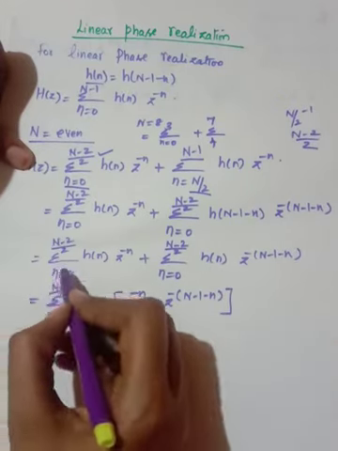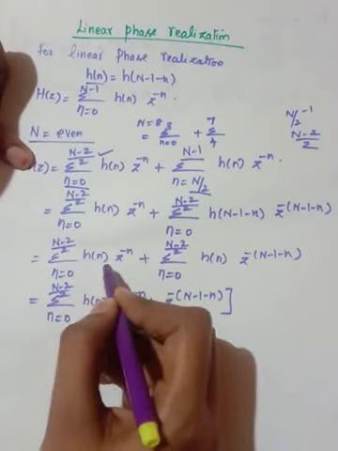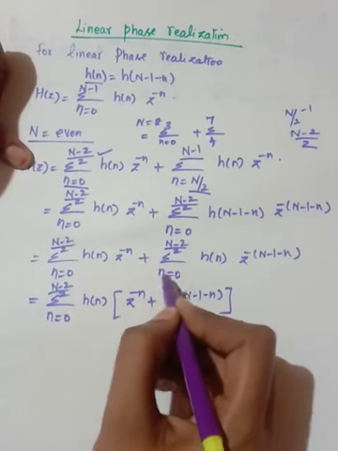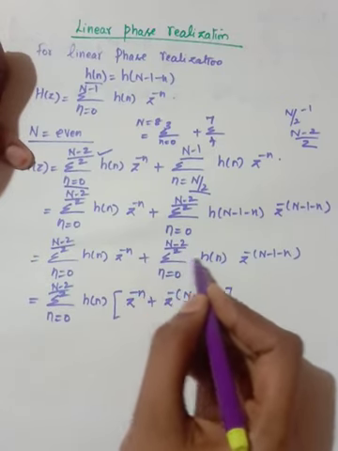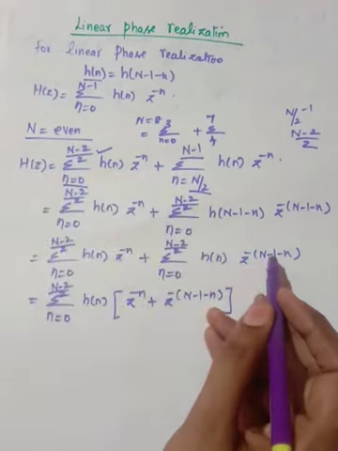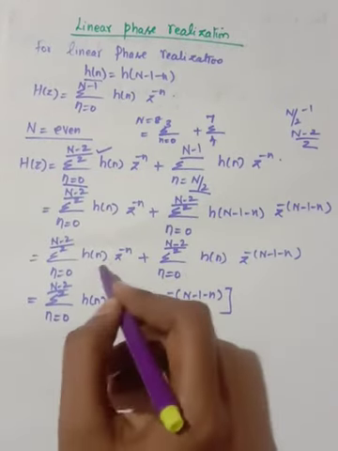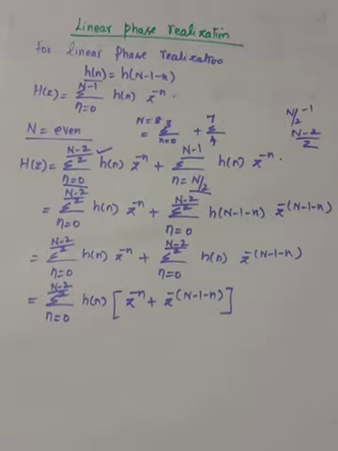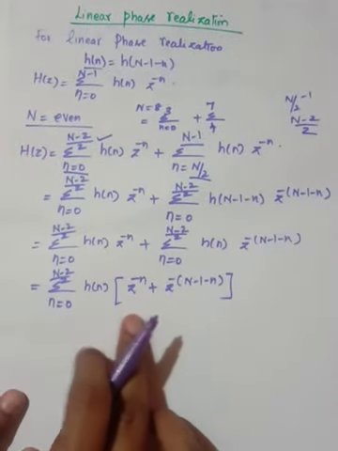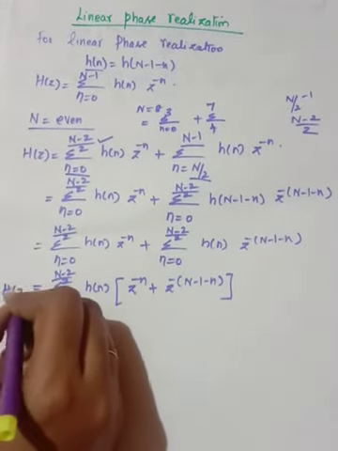So summation n is equal to 0 to N minus 2 by 2 h of n z power minus n, plus summation n is equal to 0 to N minus 2 by 2 h of n z power minus N minus 1 minus n. Taking h of n common, you will have this relation. So this is what your H of z is.